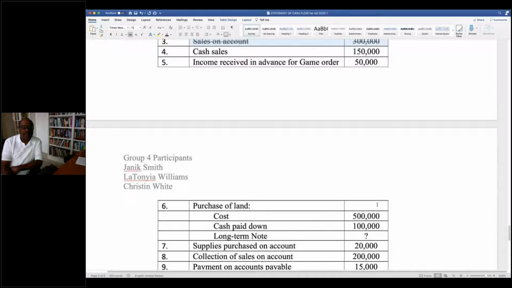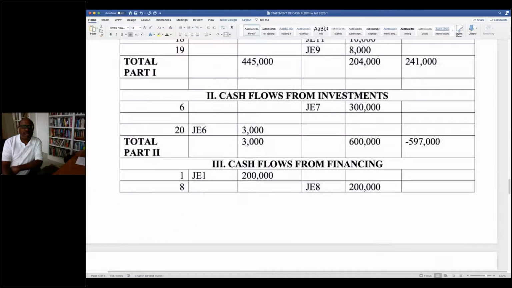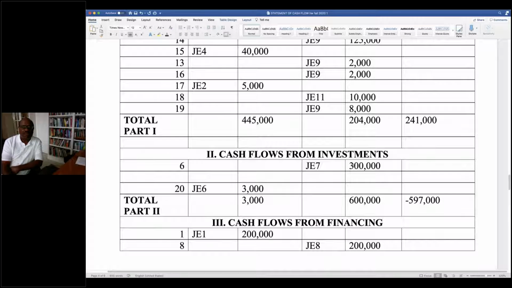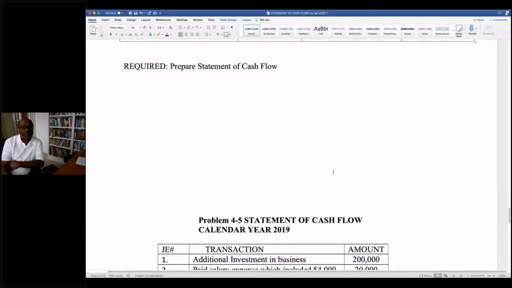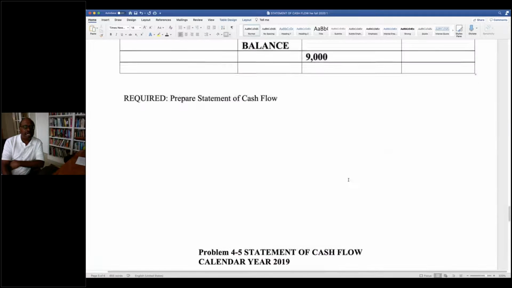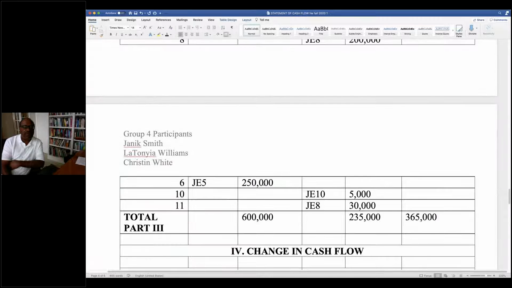So the purchase of your land was 500,000. So you purchased 500,000 worth of land, right? And you paid 100,000 down, so you had to sign a note, 400,000 for the balance.